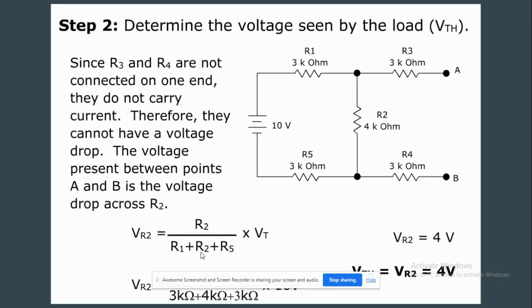So there we go, we sum R1, R2, R5 and apply the formula. Since R3 and R4 are not connected on one end, they do not carry current. So basically the circuit is open here, and we are going to neglect them. They are going to float.